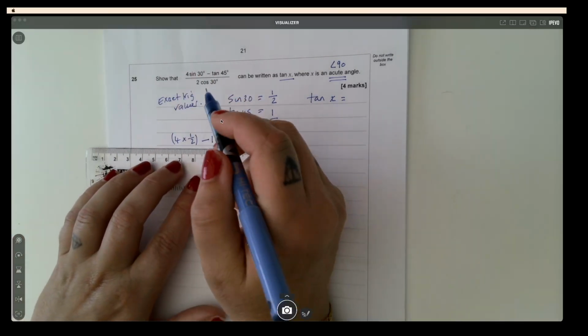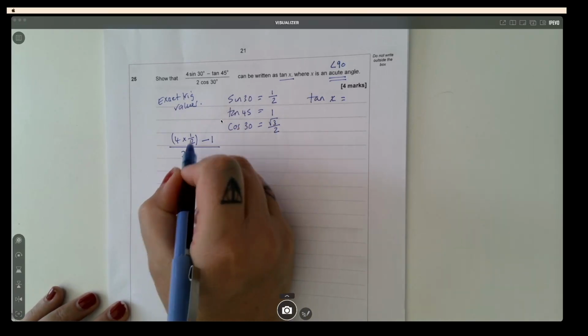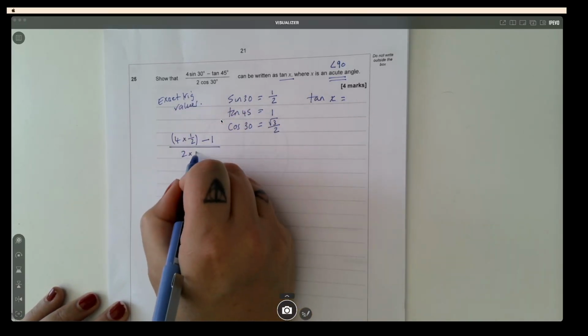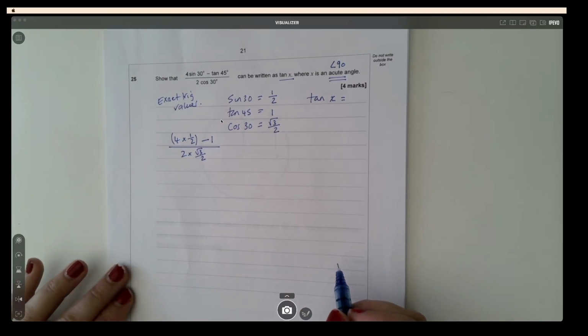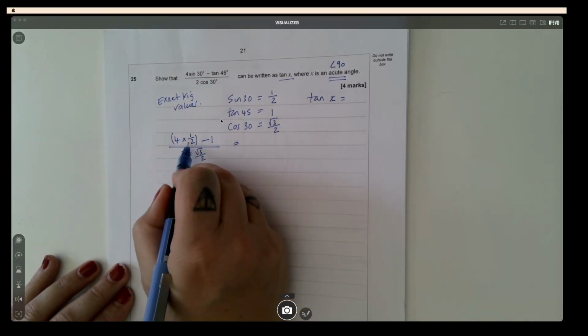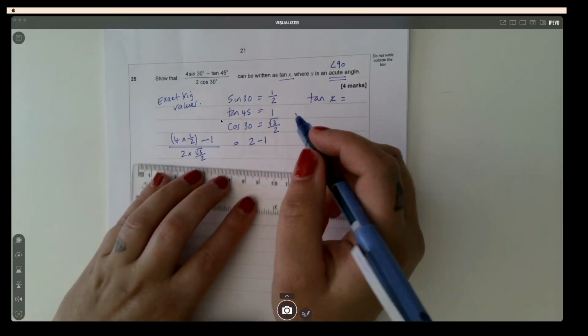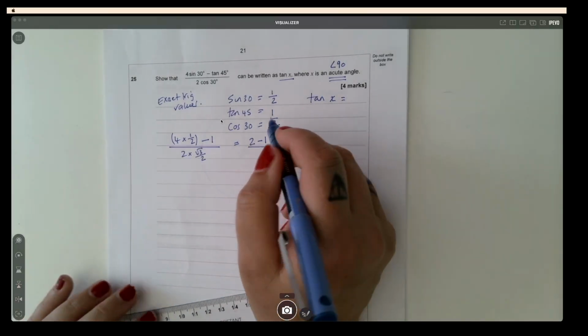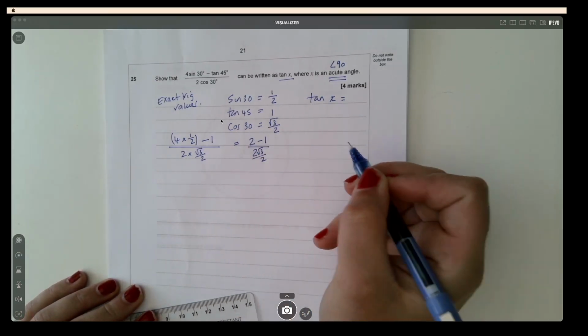And that's all going to be divided by 2 times cos 30, and cos 30 is √3/2. Okay, so 4 times 1/2, that's 2, subtract 1 on top. 2 times √3/2 becomes 2√3/2.